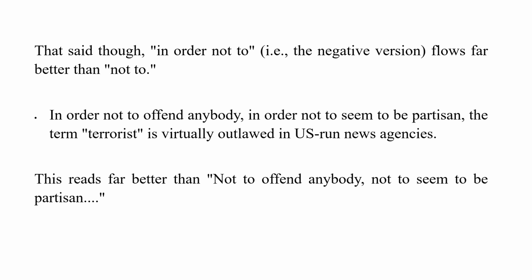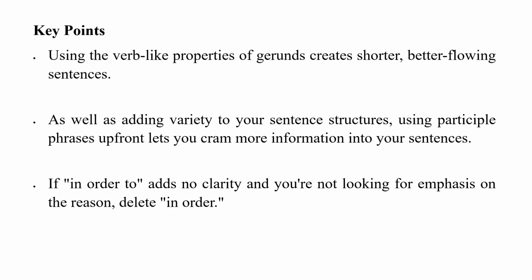For example, in order not to offend anybody, in order not to seem to be partisan, the term terrorist is virtually outlawed in US-run news agencies. This reads far better than not to offend anybody, not to seem to be partisan, and so on.